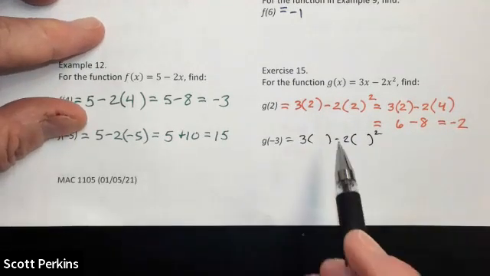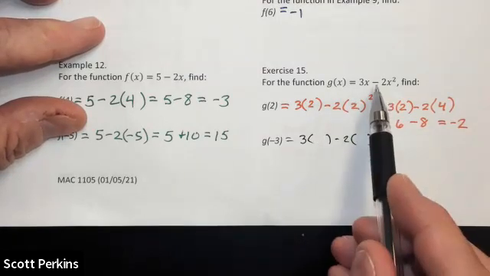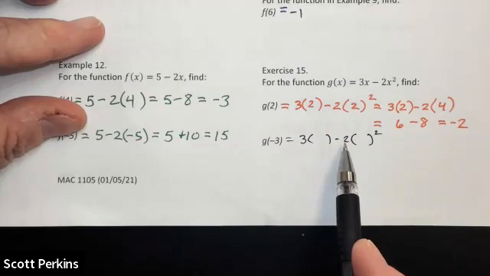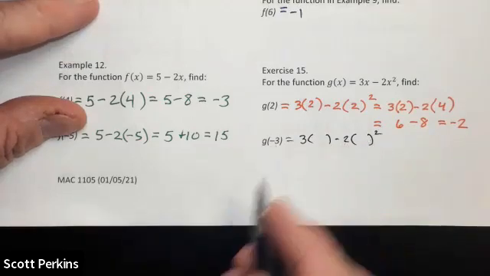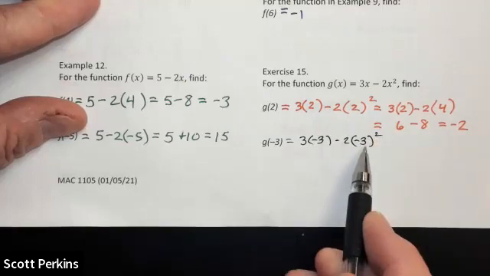Okay, so once again, my function is 3 times x. So I put a parenthesis where the x is, minus 2 times x squared. So minus 2 and parentheses squared. This time I'm plugging in a negative 3. Okay, the negative goes with the 3.